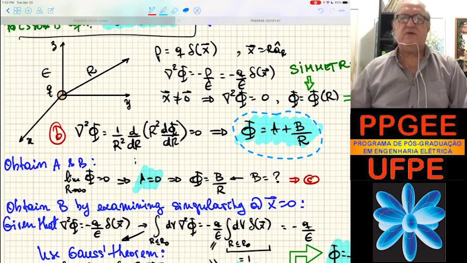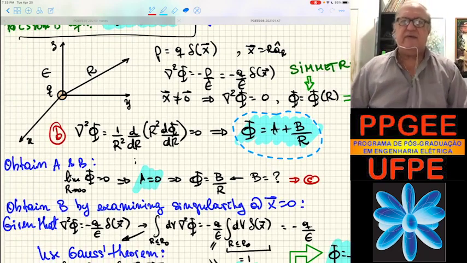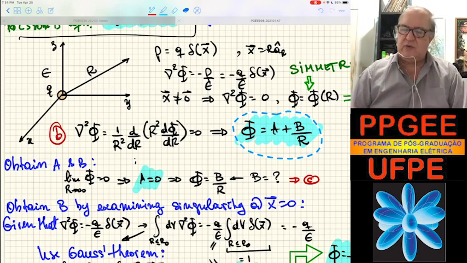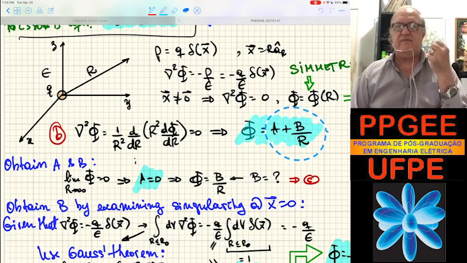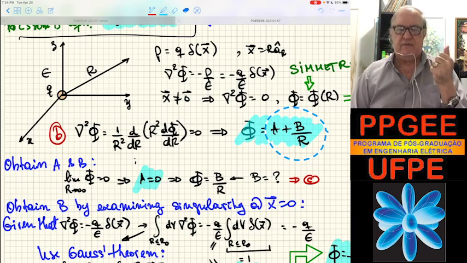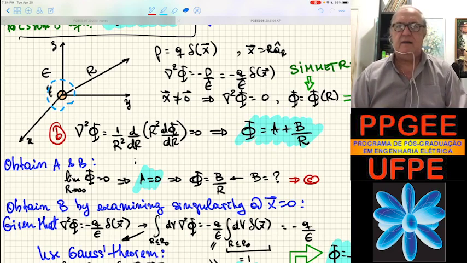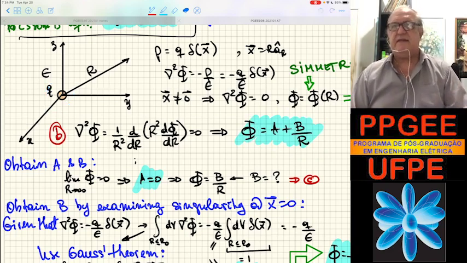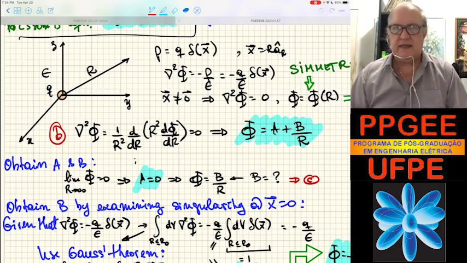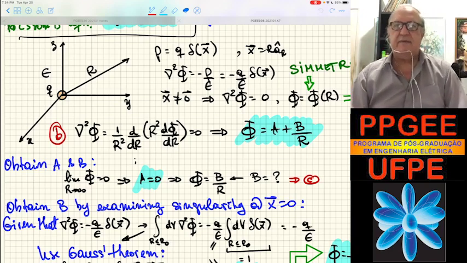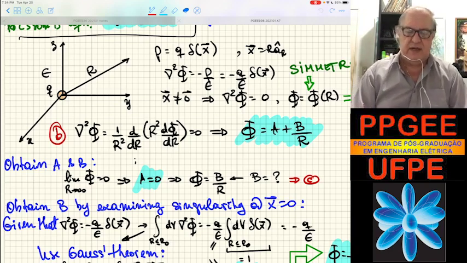When you solve those equations, you have to have some physical considerations to obtain the two constants, right? Well, we have two pieces of information. First one, we have a charge at the origin. And second one, the effect dies out to 0 for r very large. So to obtain A and B, we are going to use those two considerations.